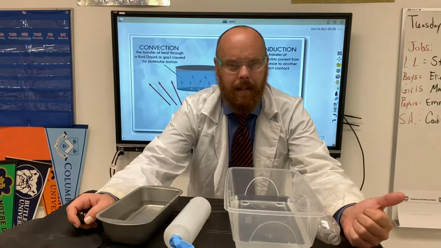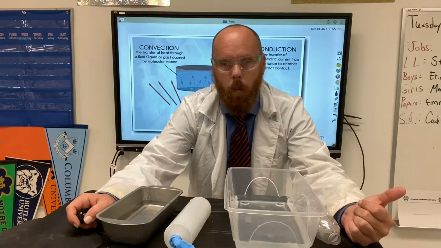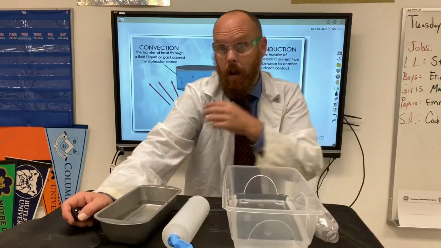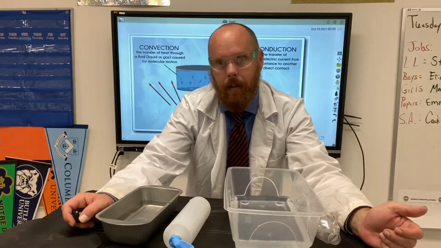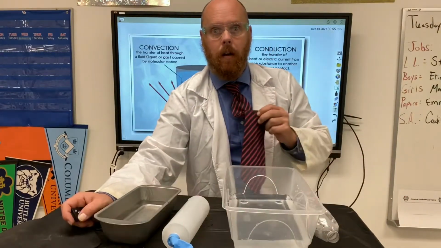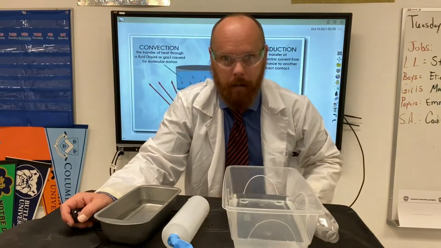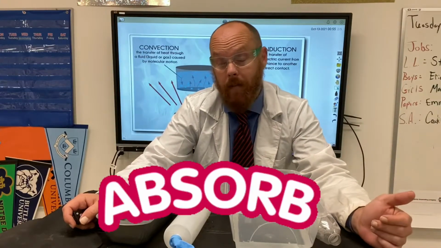Whereas the white and the light color balloons didn't pop at all. So we can say that the light colors, like my jacket or even my shirt, can reflect radiation energy and heat energy. But our ties, well, since it's dark, it's definitely going to absorb more of that radiation.